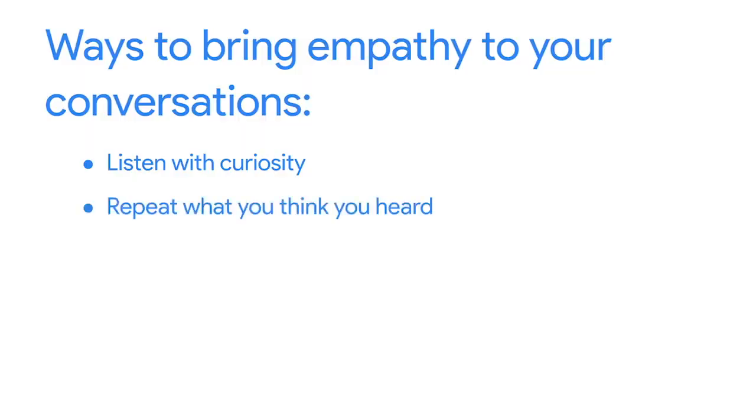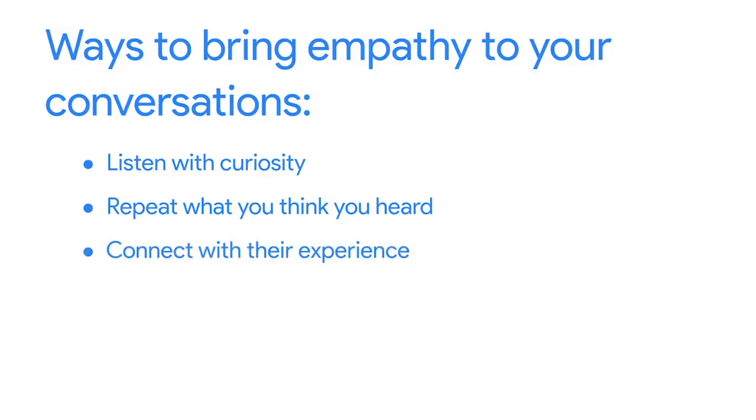Another way to show empathy is to periodically repeat what you think the other person said. Noticing you restate their message in your own words will encourage them to confirm their intent and will ensure you understand what they're communicating. It might also help them view the issues you're discussing from a different perspective. You can also demonstrate empathy by trying to connect with their experience.